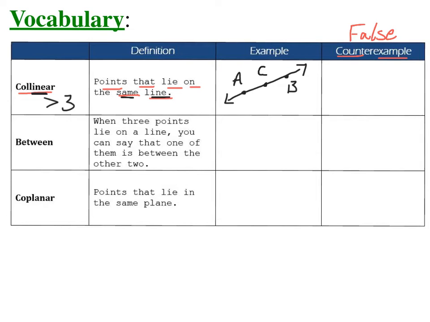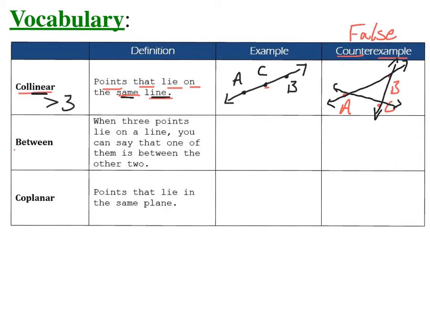Well, if I want 3 points that are not on the same line, let's say I start off with A and B like we had before, but instead of putting C somewhere where it's going to fall on the line, like I had it to the left, I'm going to place C down here. So in this case, there's not one line I can draw that would connect all 3 of these points. I can connect A to B, I can connect B to C, and I connect A to C, but I can't have one line connecting all of them.